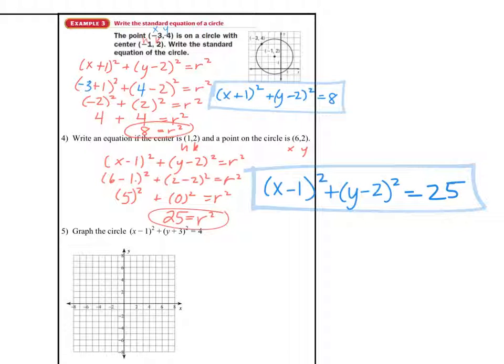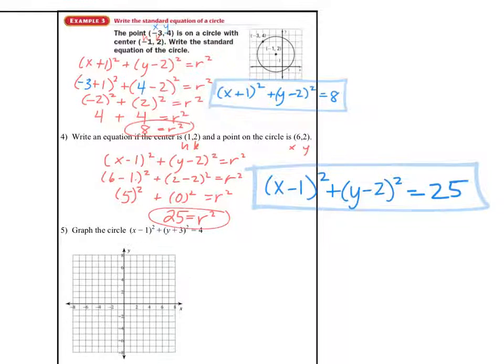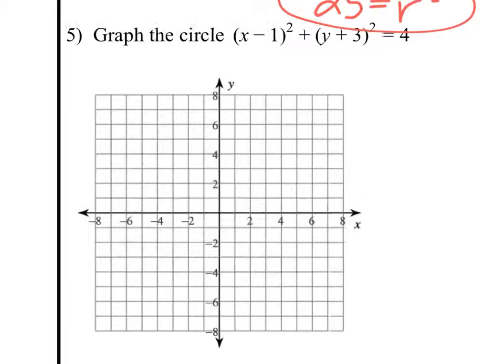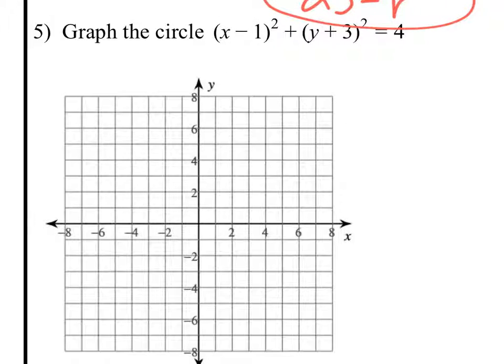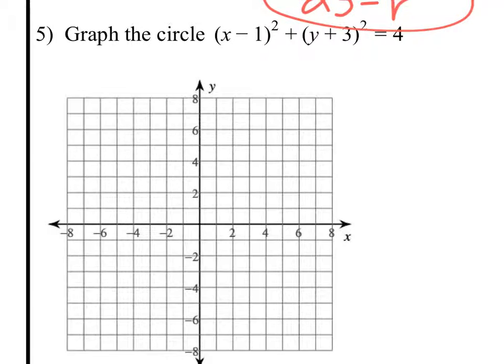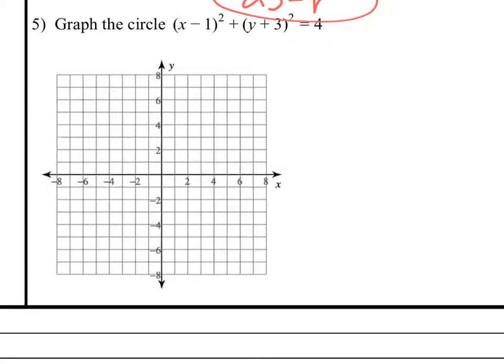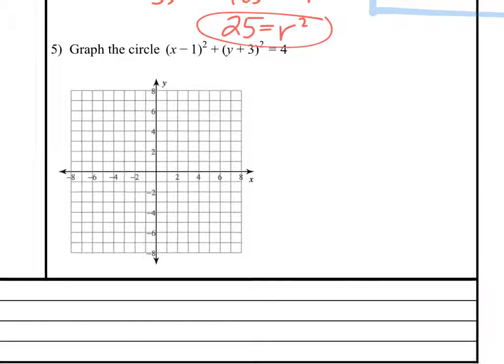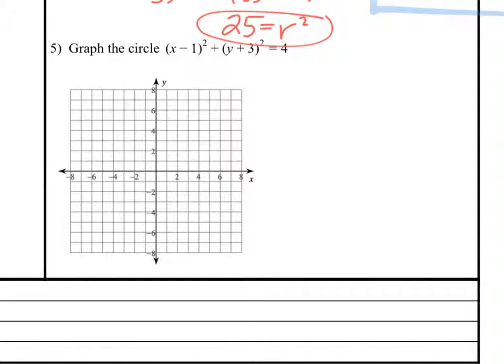Graph the circle. You need the radius, you need the center. Okay, your equation is x minus 1 squared plus y plus 3 squared equals 4. Remember that the equation is minus h minus k. So what is the center?